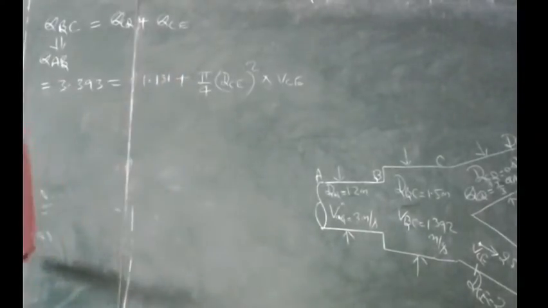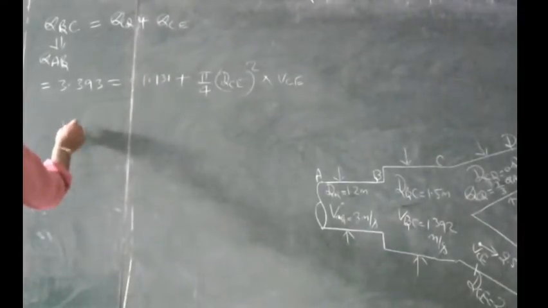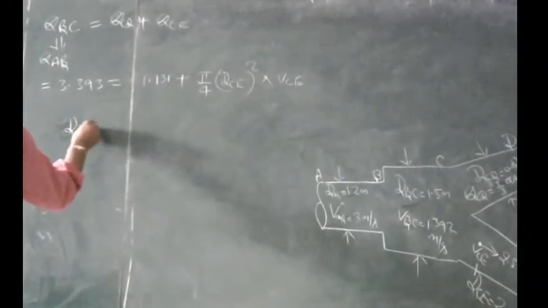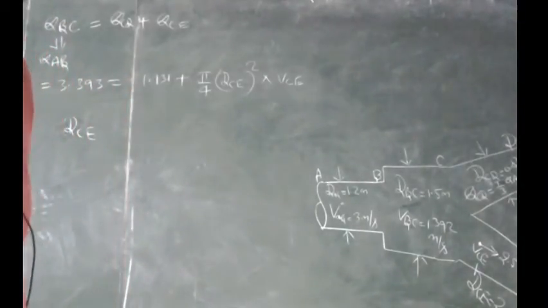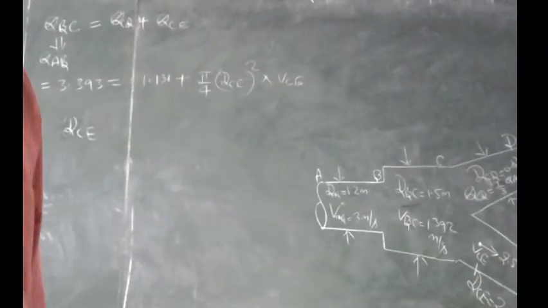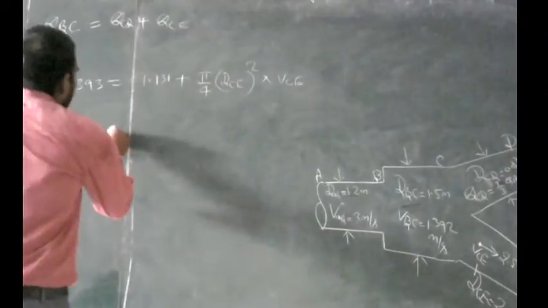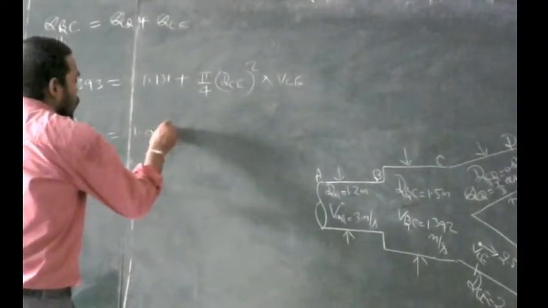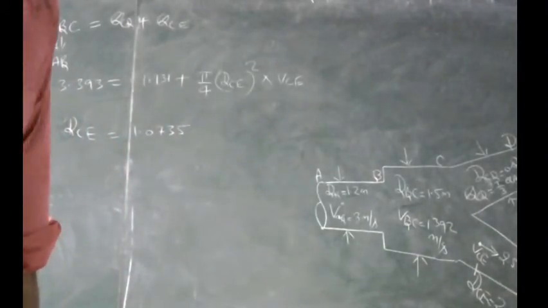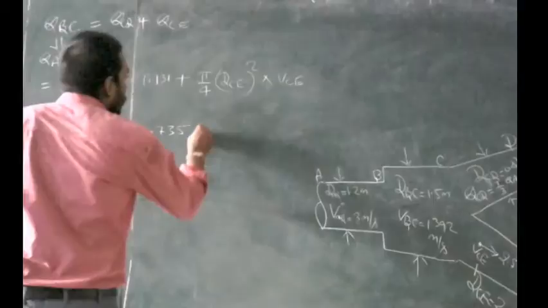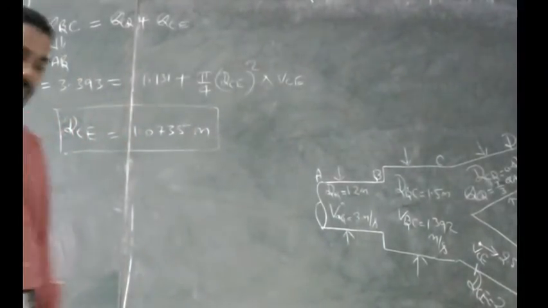So if you calculate this equation, then DCE equal to 1.0735 meter. Okay, that is the procedure to solve this question.